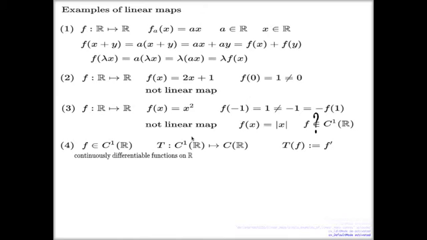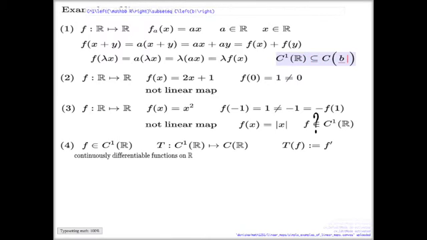In fact, it is a vector subspace of C, isn't it? Because every continuous function with a continuous derivative is also just a continuous function, isn't it? That's just part of the definition. So C1(R) is a subspace of C(R).